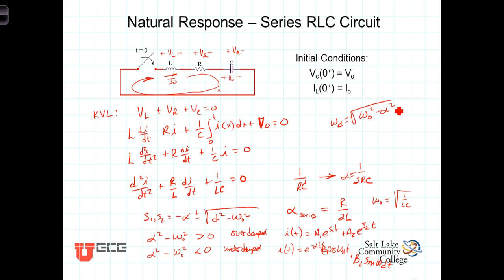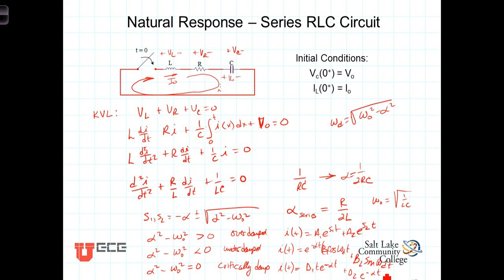And then we have that final situation where alpha squared minus omega naught squared is exactly equal to 0. That's again called critically damped. And we have I of t equal to d1 t e to the minus alpha t plus d2 e to the minus alpha t.